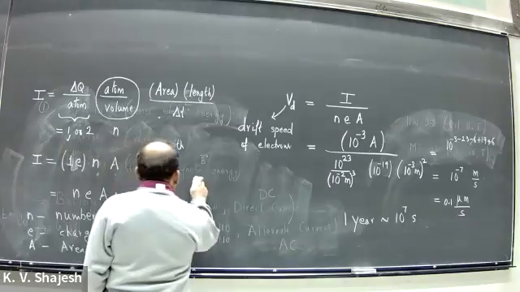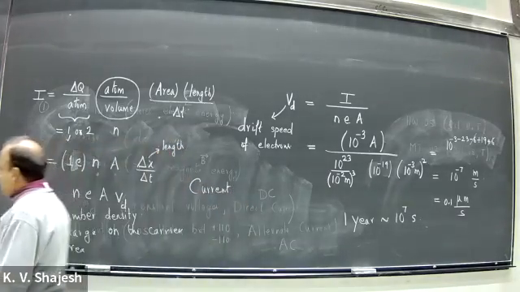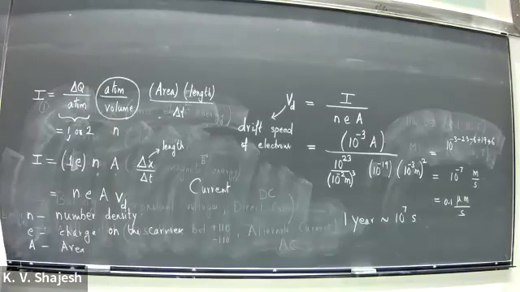So current, even though we define it as charge per unit time, that is a very convenient concept when it comes to homework and all the equations that we will deal with. It is very convenient to use charge per unit time: how many charges are crossing a particular point in the pipe, how many charges are going per unit time.